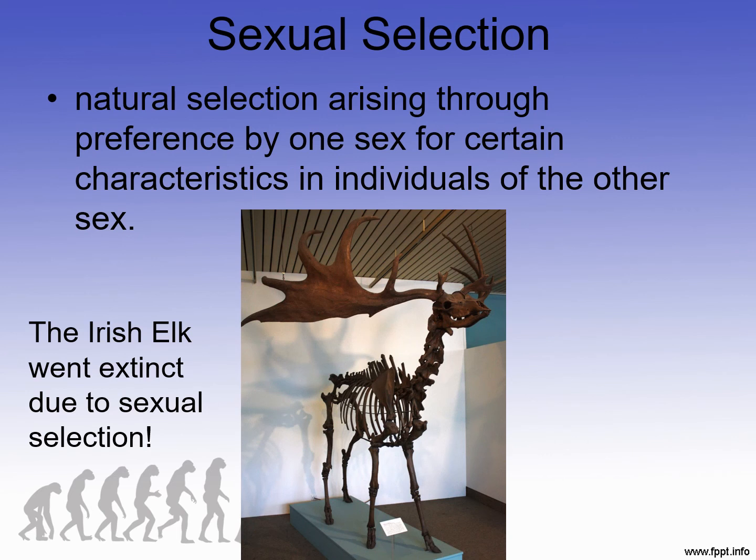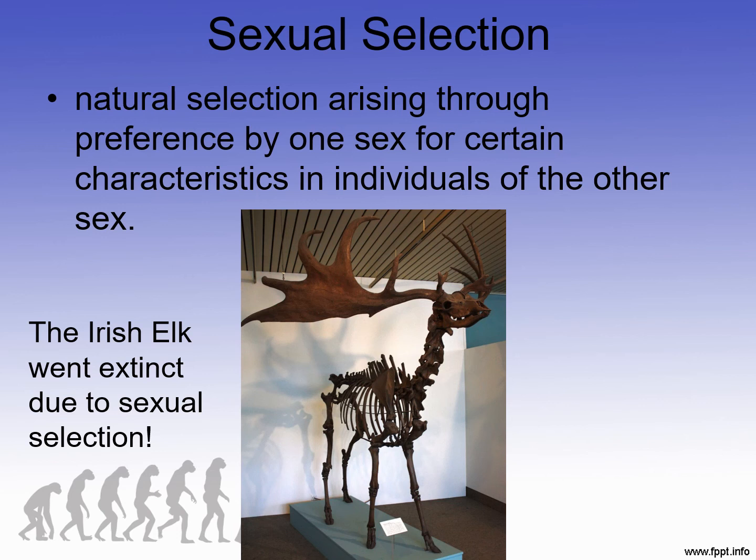To talk about sexual selection for a little bit, it's another form of natural selection. It's natural selection arising through the preference by one sex for certain characteristics in an individual of the other sex. The interesting part is that sexual selection can sometimes go horribly wrong, right?